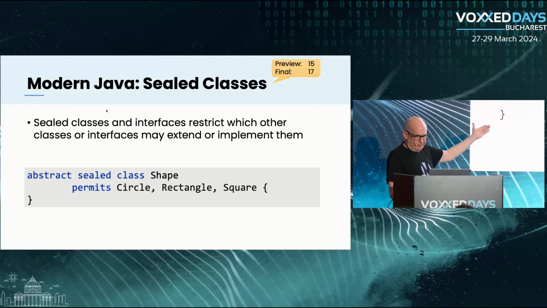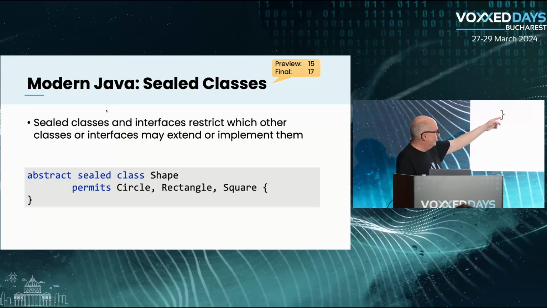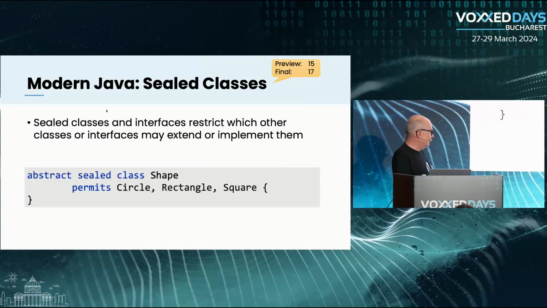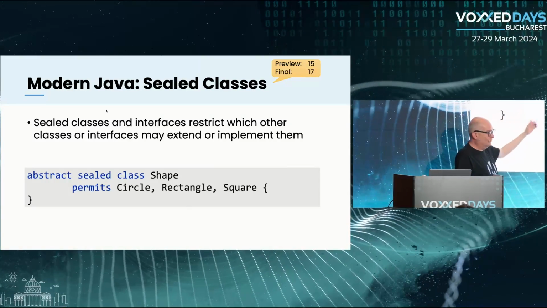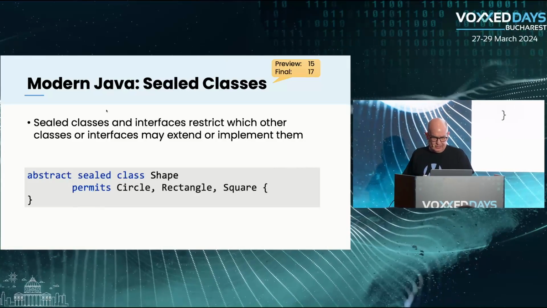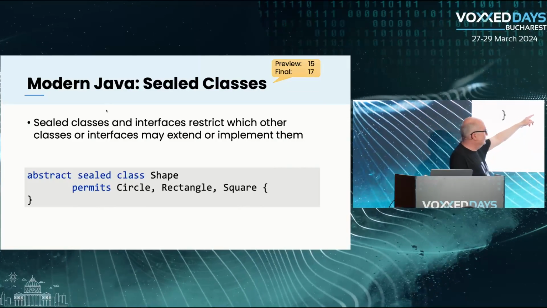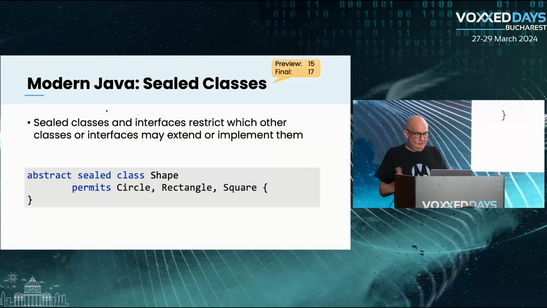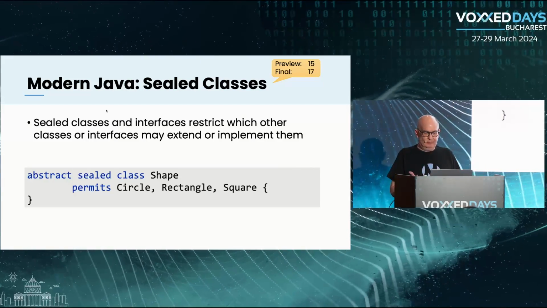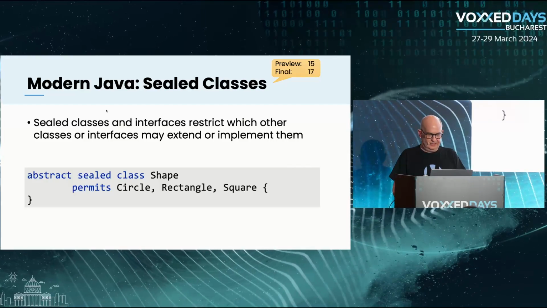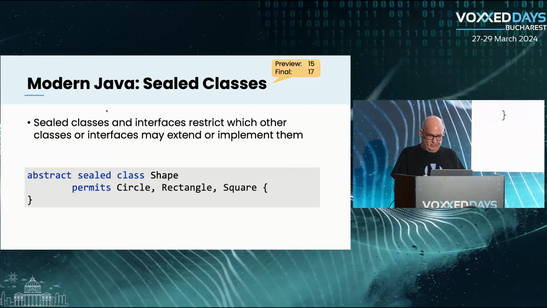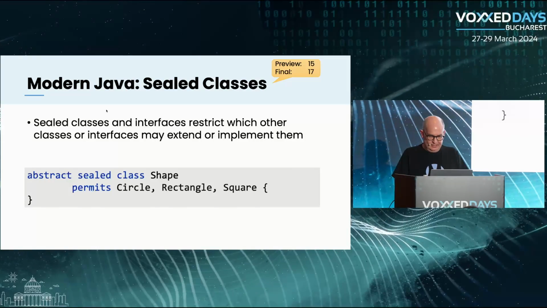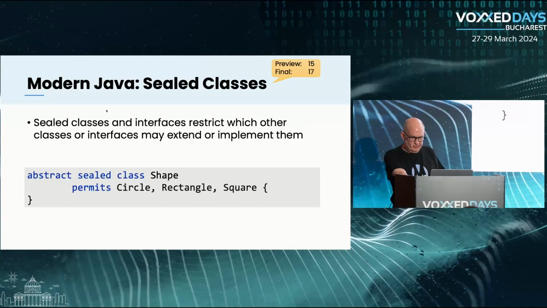Here's an example of that. We have, for example, an abstract class Shape, and then we define that sealed, so it's not possible to change that, but we only permit Circle, Rectangle, and Square. So it's clear in that case that the shape can only be one of these three. Right? And we will see how I use that in the command handler.